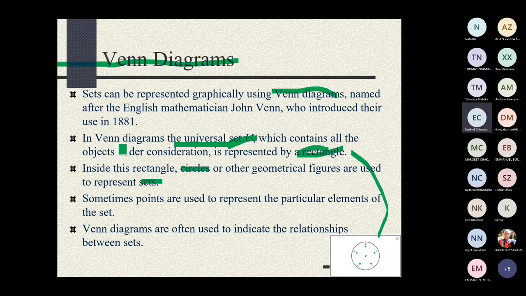Sometimes points are used to represent the particular elements of the set, like what we are doing here: this U, this A, this E, and that O and I and a V. So Venn diagrams are often used to indicate the relationships between sets. You can use this Venn diagram to actually represent the relationships between these sets.